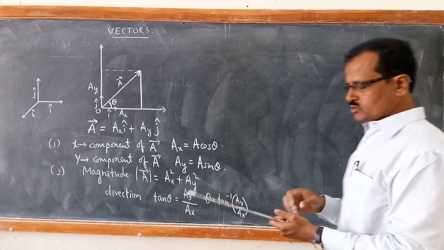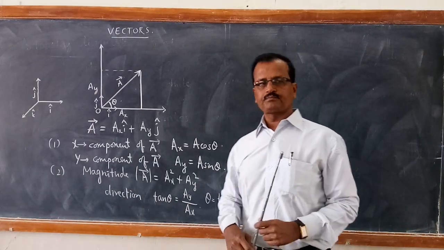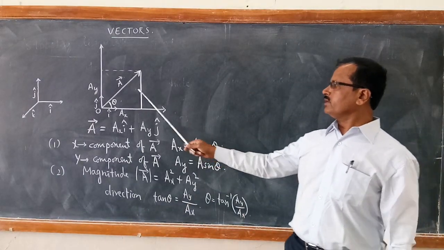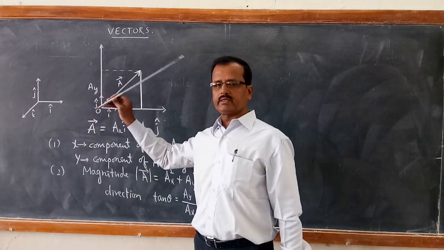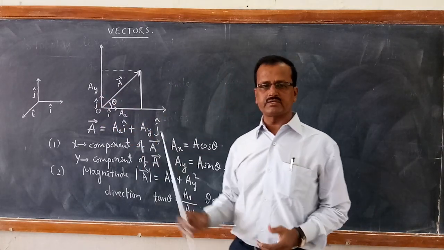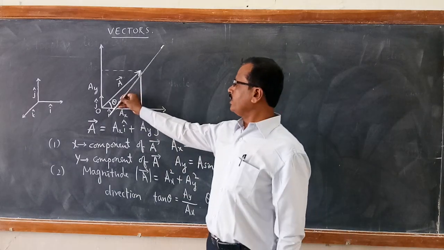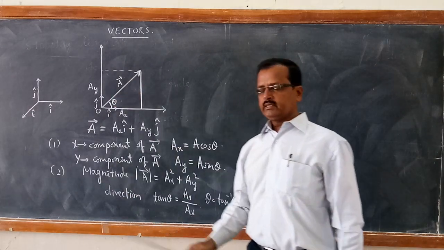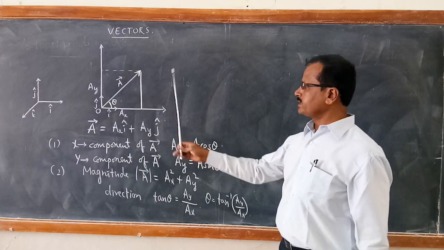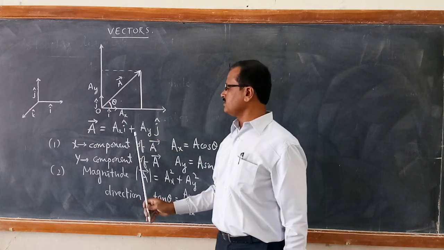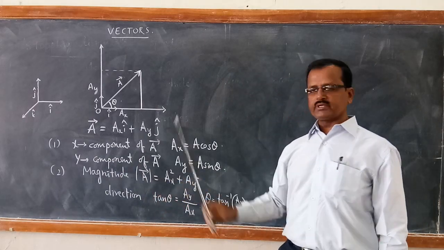Now let us go back to what we have studied earlier. We know if vector A is any general vector, maybe a position vector, maybe a velocity vector, maybe an acceleration vector, then this vector A can be represented in two ways. Vector A can be represented in terms of its x and y components.